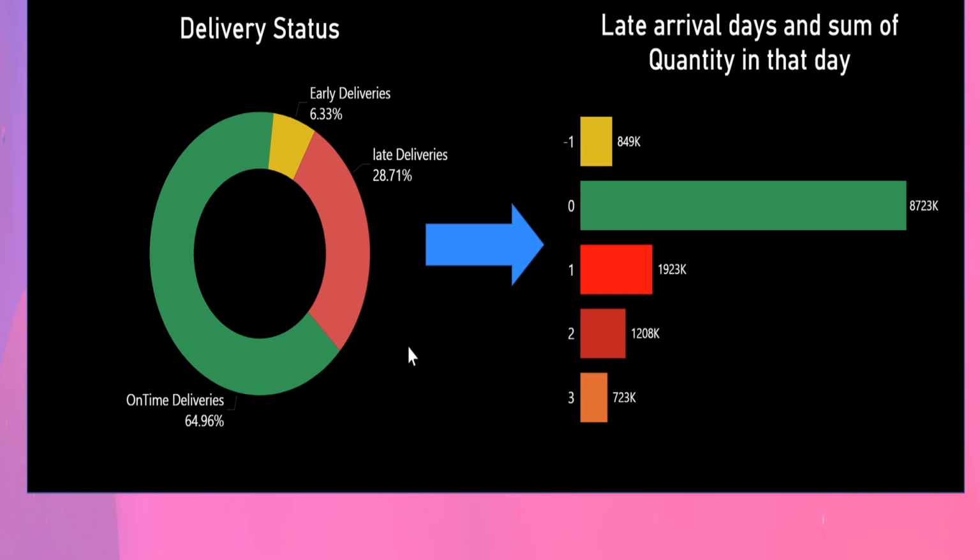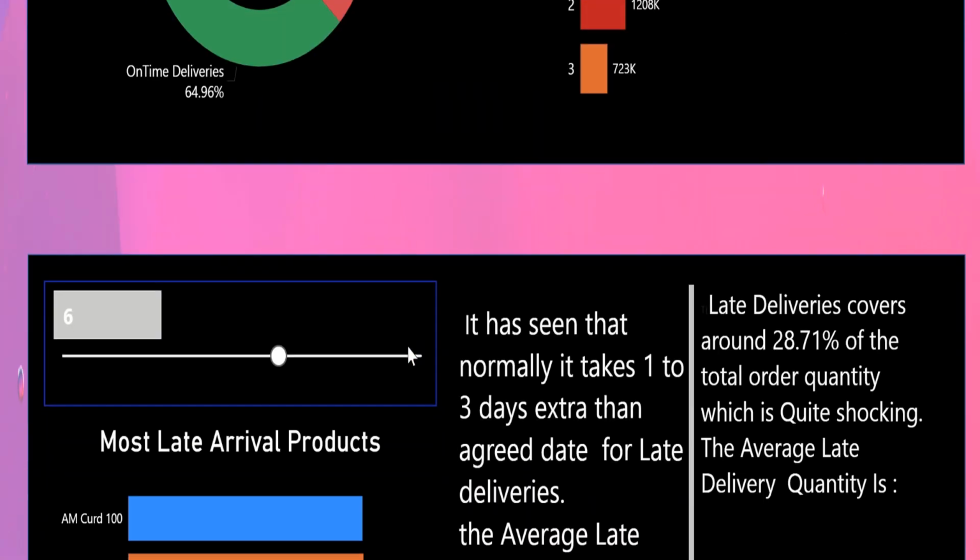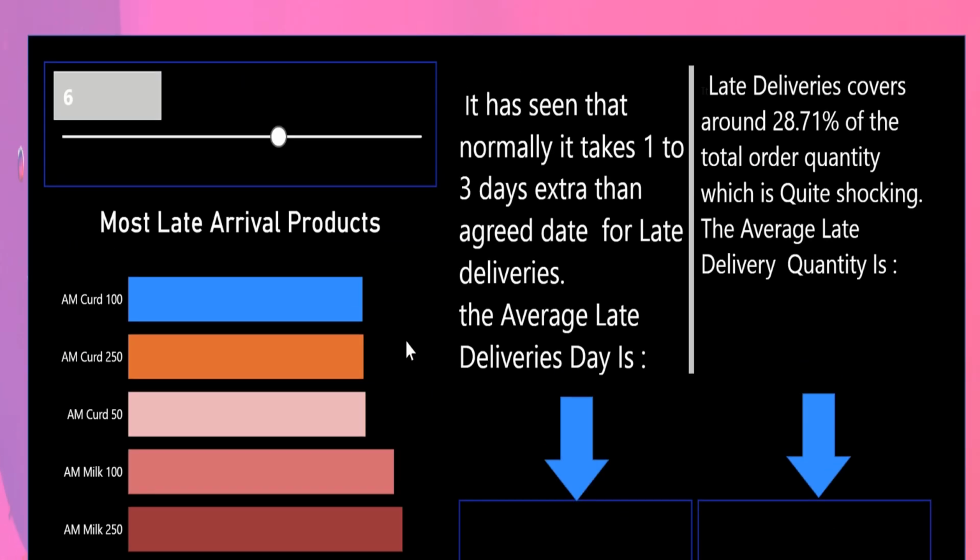So having said that, let's jump to the other visual. In here you can see what I have done is I have selected the most late arrival products. So this is a slider. You can choose how many late arrival products you want to see, and then you will see the bar charts of the products.